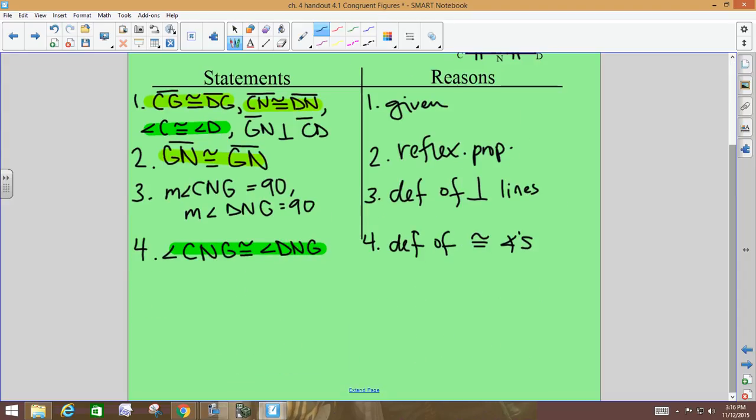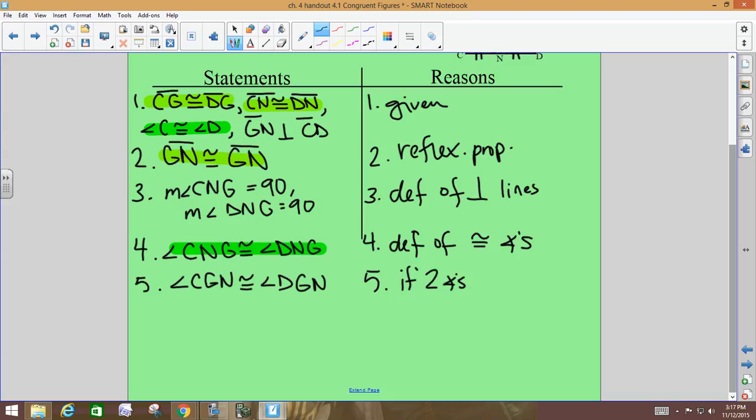So what we're going to write then, number 5. Angle CGN is congruent to angle DGN. Now I put my G's in the middle because we're talking about that vertex. Reason, this is about the smallest I can make it.